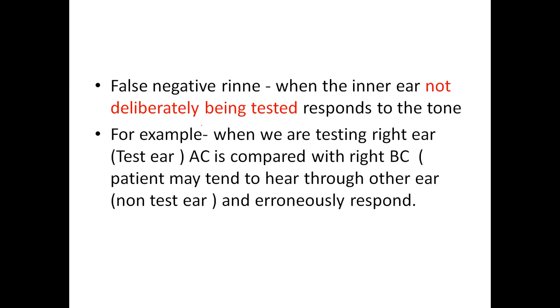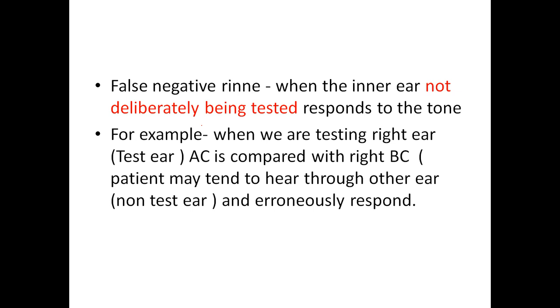For example, when we are testing the right ear, first I will strike the tuning fork and place it near the entrance of the right ear. So now right ear AC is checked. Then I will place it on the right mastoid for BC.